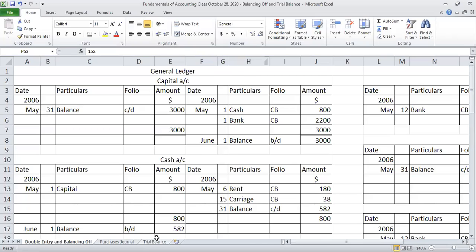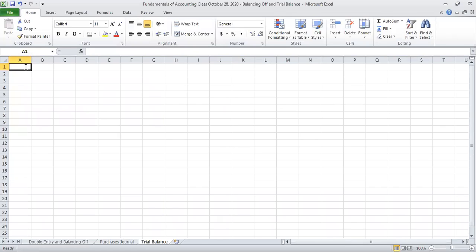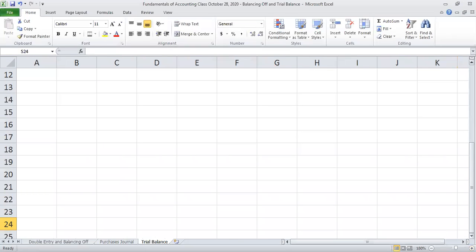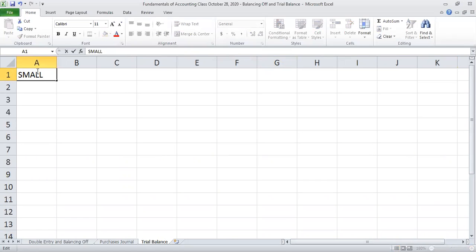So you're going to call it small printing firm. Trial balance as at May 31, 2006.